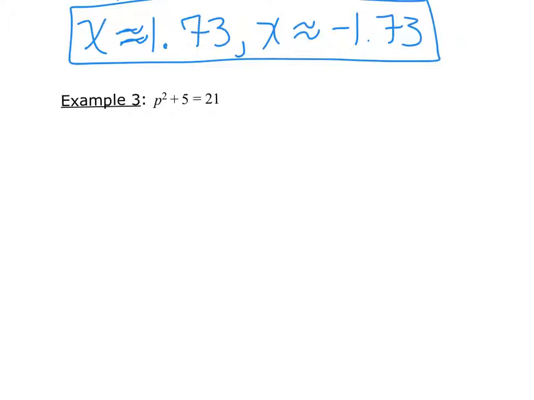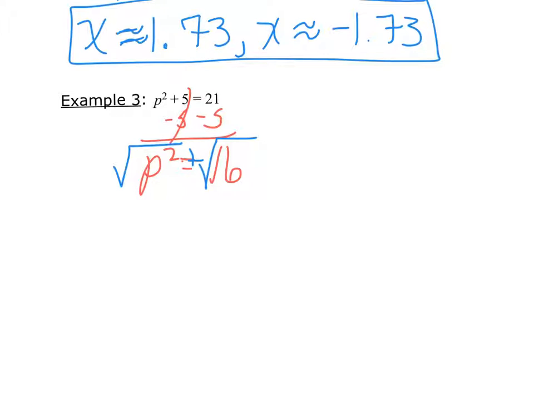All right, so what's the first thing I need to do to get P by itself? We got to subtract 5. So now I've got P squared equals, what's 21 without 5? 16. Then what do I do? The square root to get P by itself, right? And when I take the square root of 16, we have to do plus or minus, right? So that's going to give me P equals plus or minus 4.